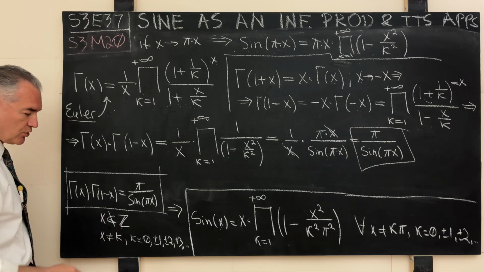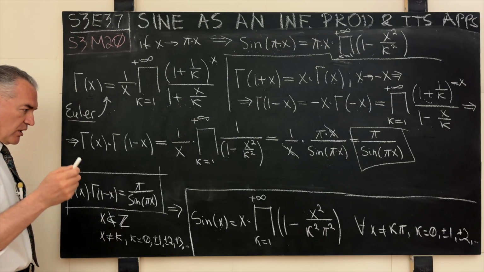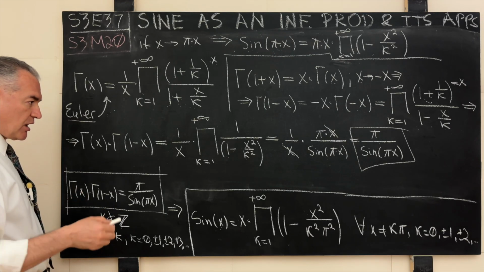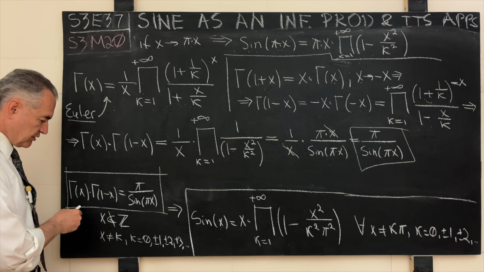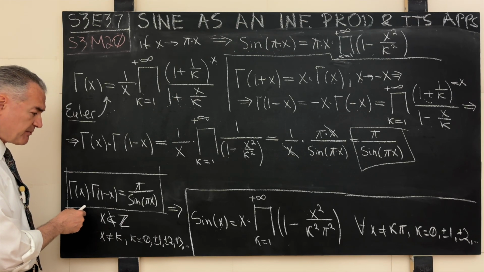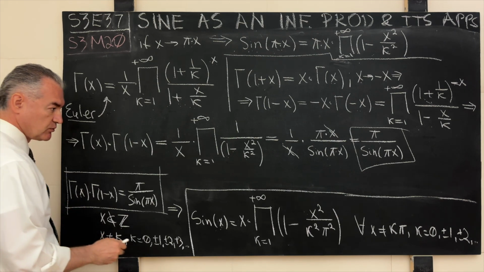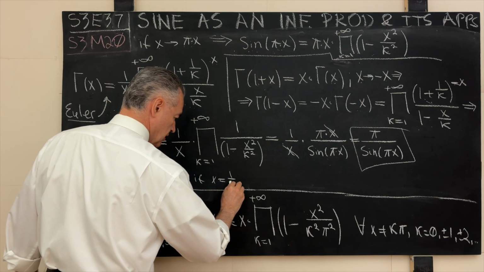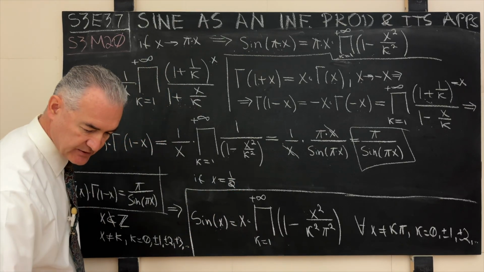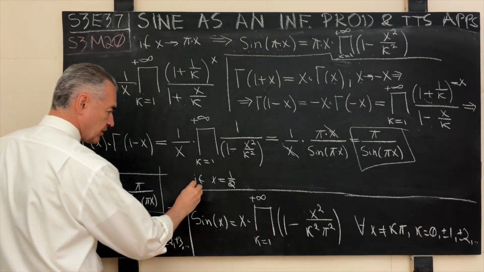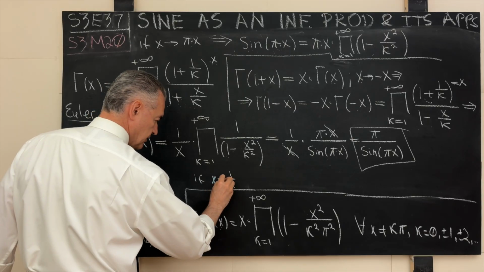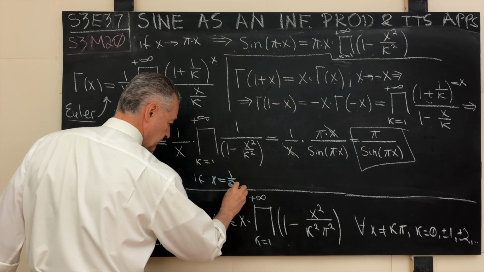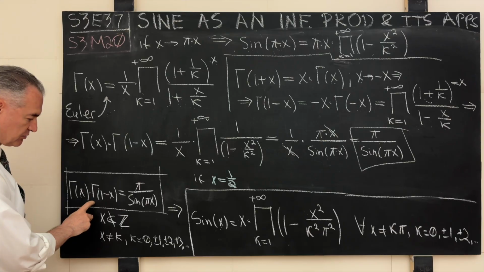For all non-integral x, this reflection formula holds. And one more thing, I mean, we're coming up on 2 hours, but this is just a little bit of arithmetic fun for you. If x is equal to 1/2, then in this formula, what do we have?